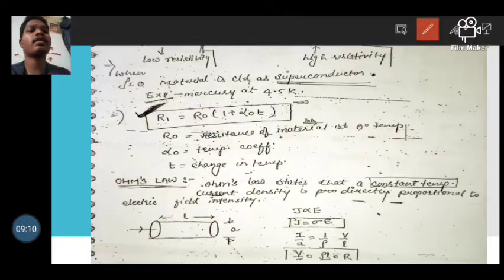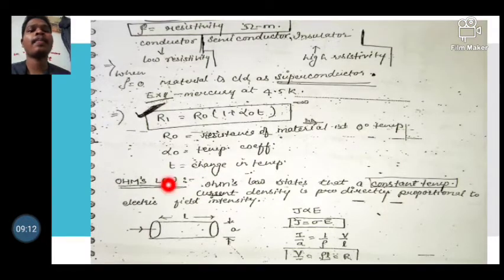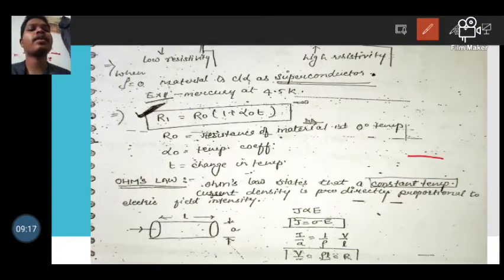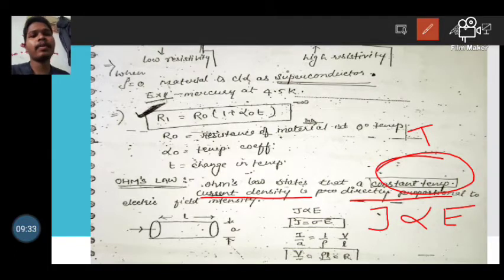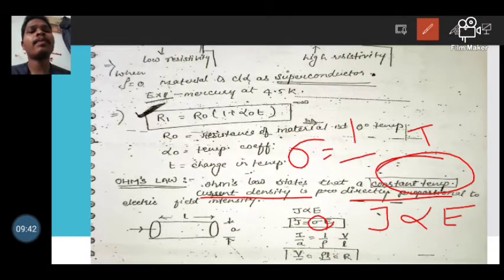Ohm's law states that at a constant temperature, that means the temperature remains the same, the current density J is directly proportional to the electric field intensity E. So J is directly proportional to E. For the proportionality constant, we denote sigma, so sigma is equal to 1 by rho.